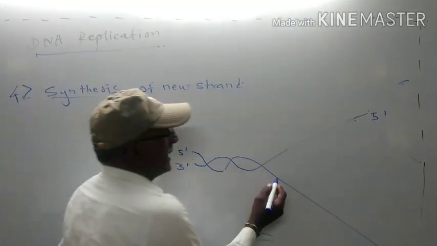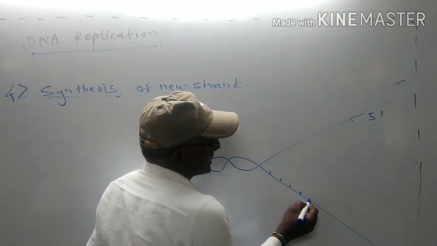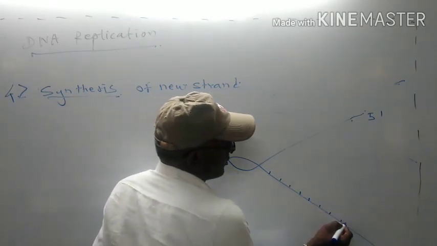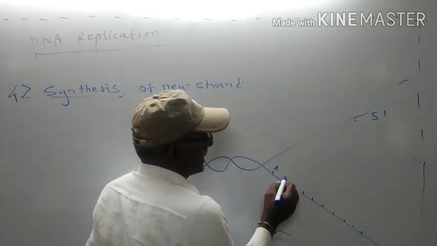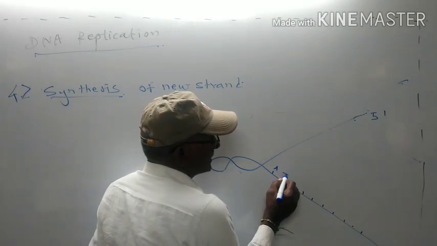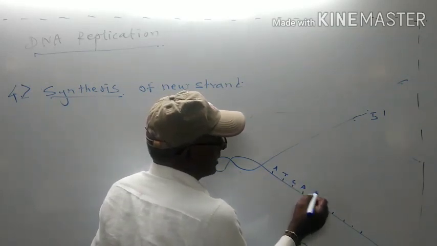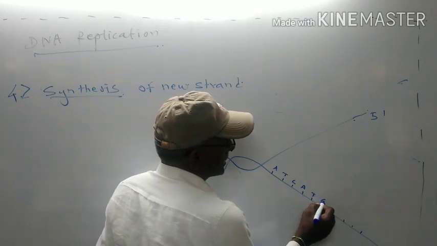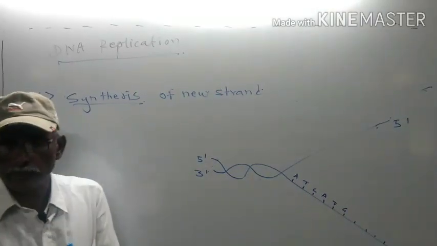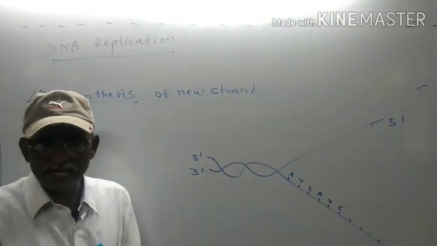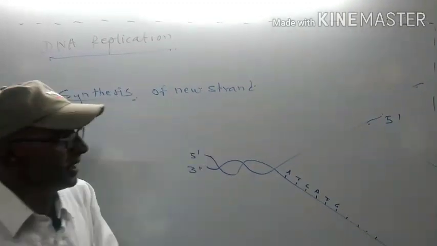Now we have seen that on this template strand there is presence of what? Nitrogen bases. Suppose A is there, here T is there, here C is there, here A is there, here T is there, here G is there. So these are the nucleotides. Now what happens in this state?